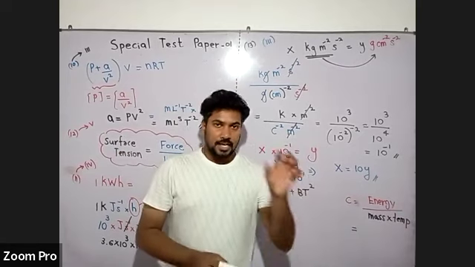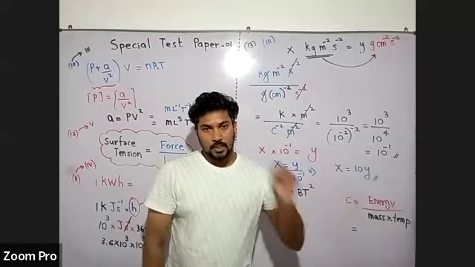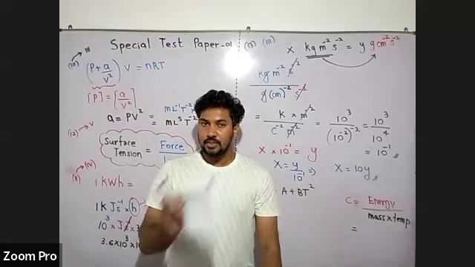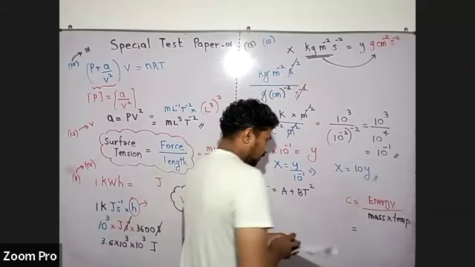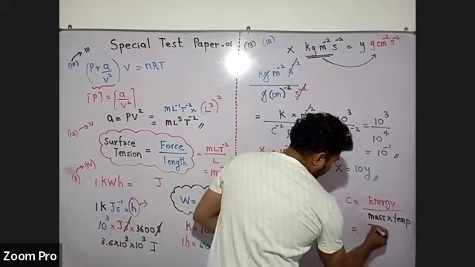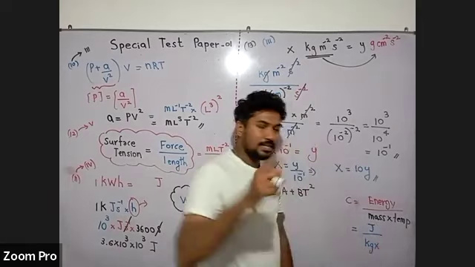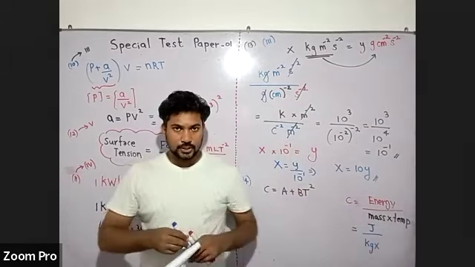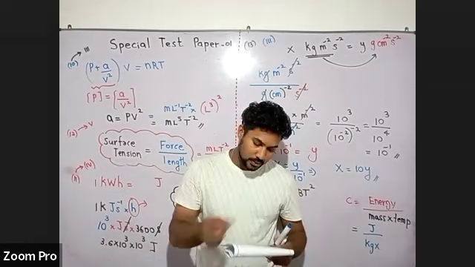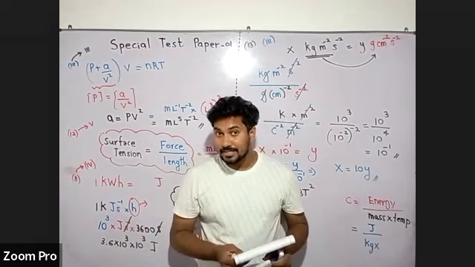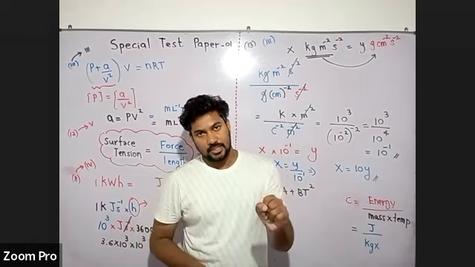So that means if there's a physical quantity of energy, you should substitute the unit as J, not in the SI unit, right? So the energy should be equal to joule, mass means kg, and temperature, right? So as I mentioned earlier, temperature can be substituted in Kelvin or in Celsius. So it's better to go through the question and the answers, right? In some instances, you are asked to substitute the SI unit for temperature.